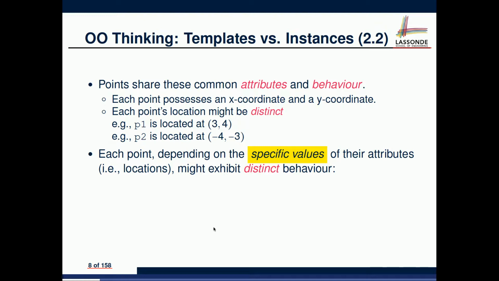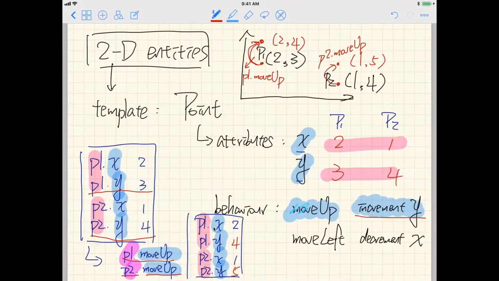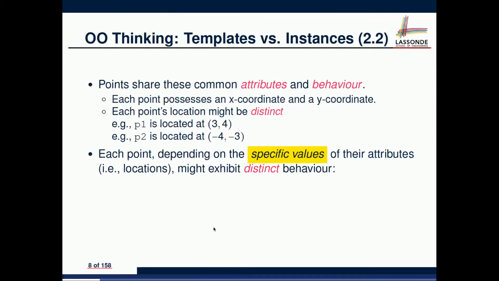That means even if you apply the same behavior, like move up, over here, to different entities, either P1 or P2, you might have different behaviors, different consequences.